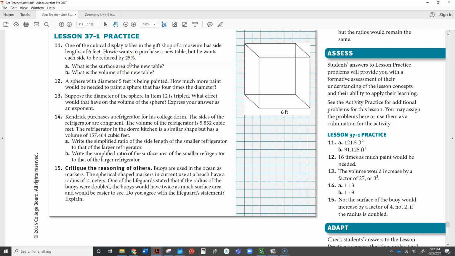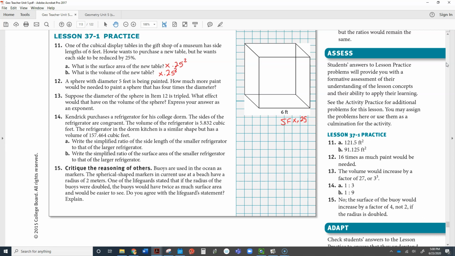So we would take this and multiply it. The scale factor is 0.25. So the surface area is going to be times 0.25 squared, and the volume is going to be times 0.25 cubed.